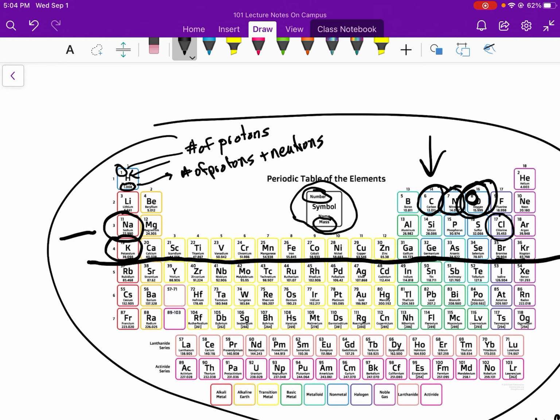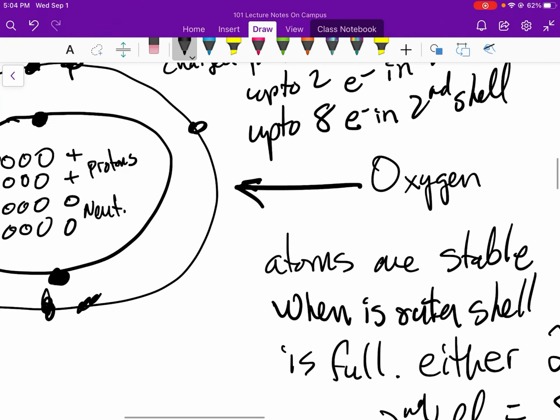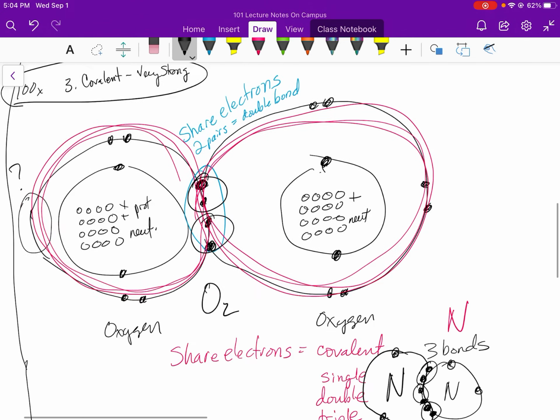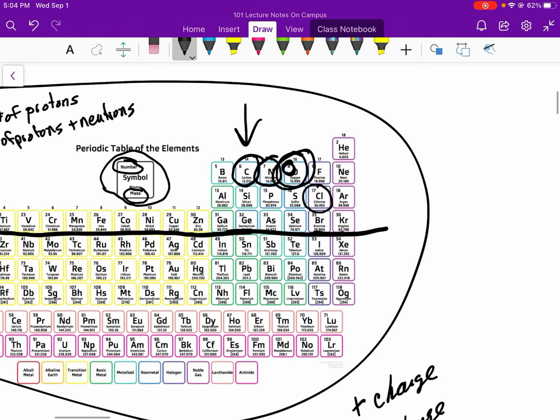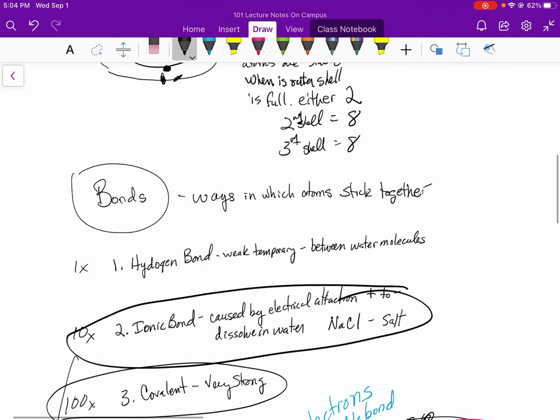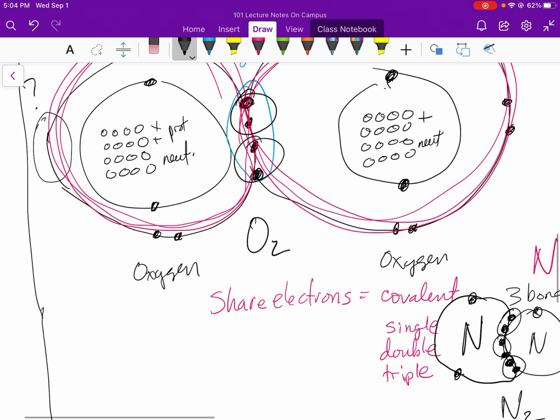Sodium is located here, and it has an atomic number of 11 and a weight of 23. And chlorine has a 17 and 35, okay, approximately 35. So it's going to have 17 and 35.